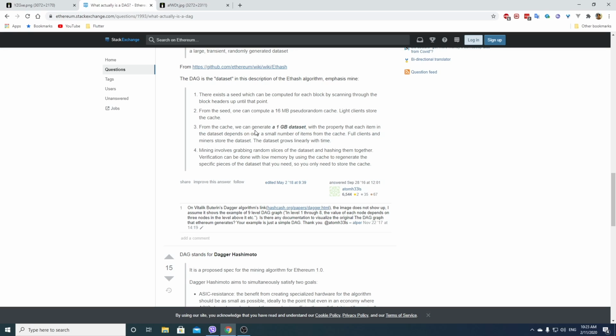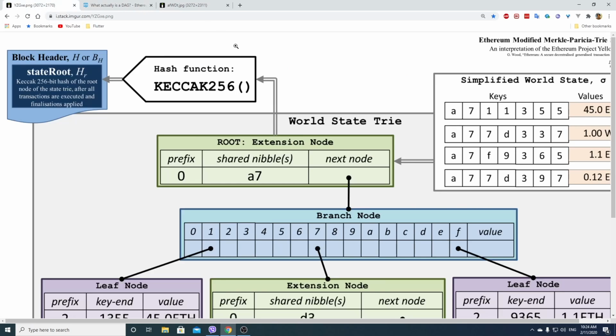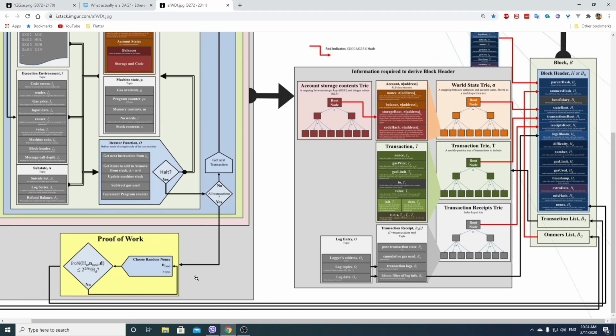So having to rely on this particular large data set prevents miners from using FPGAs. FPGAs are chips, hardware that can be reprogrammed, and then ASICs, which are even further. That is the last piece that we wanted to cover, because now we can go here and understand what this mixed hash is.